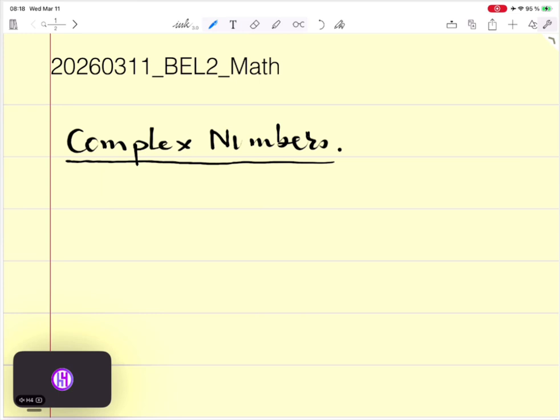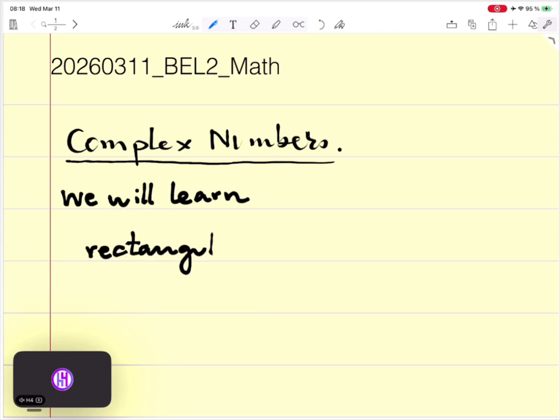We will learn the rectangular form, which is basically a plus j times b.